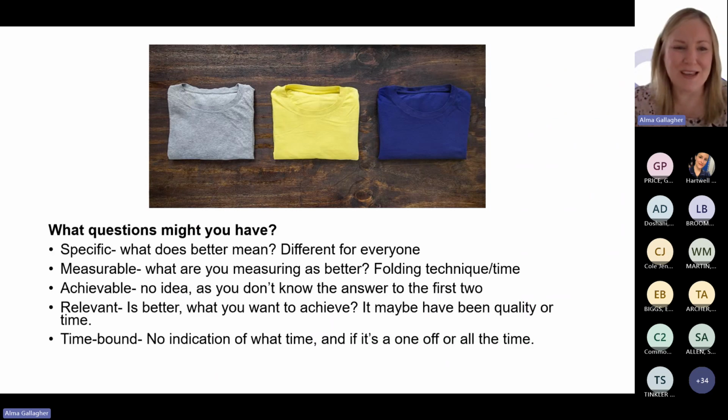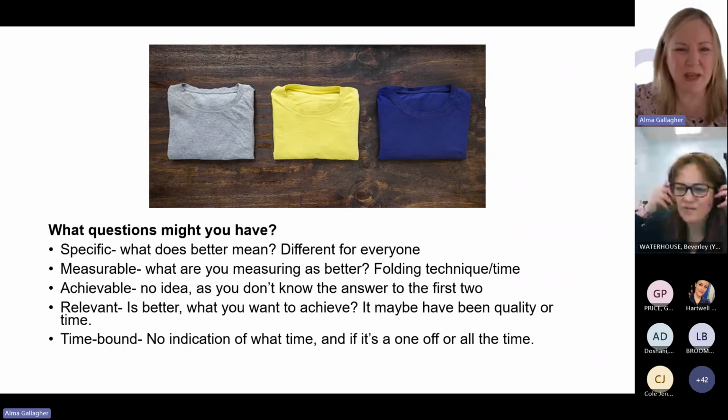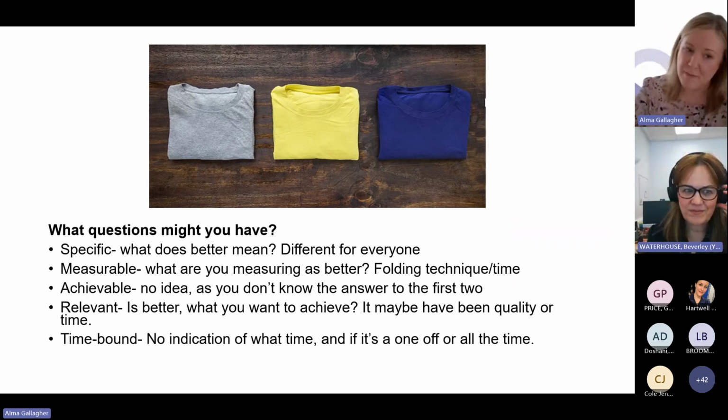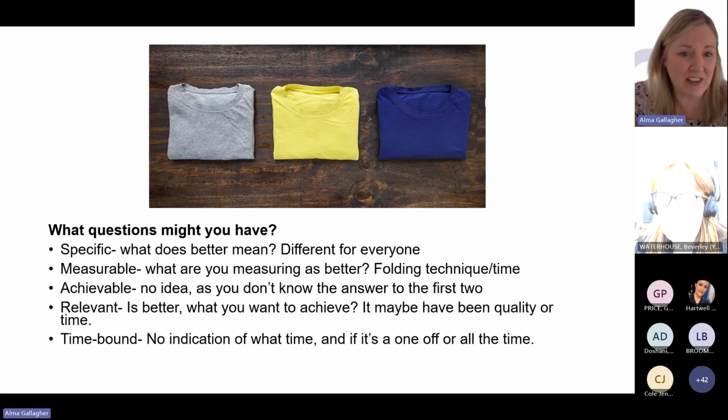So if we think about it, actually, some more information would be needed in that. So what does better mean exactly, Kirsty? And that's different for everybody. So what's better for you might be worse for someone else. Is it measurable? What are you measuring as better? Is it better so that I can fit 20 t-shirts into my drawer rather than 15?